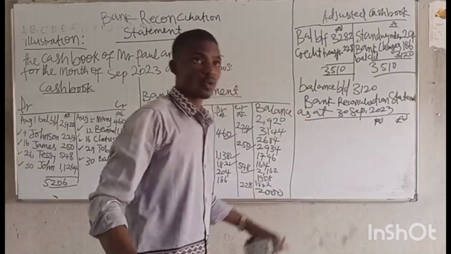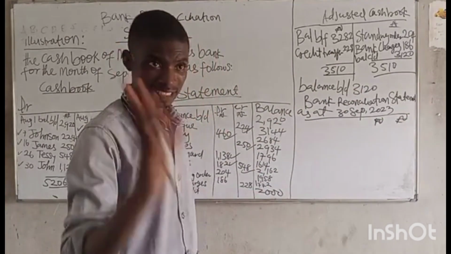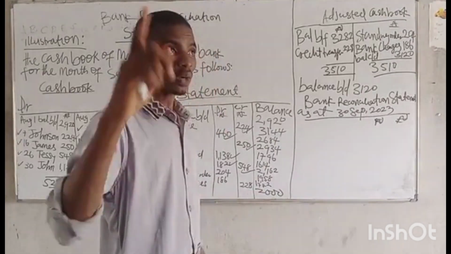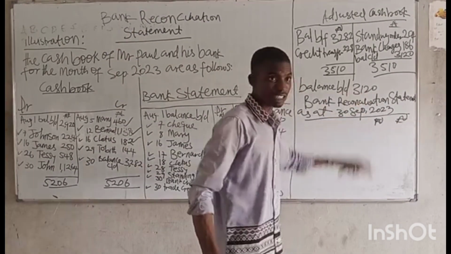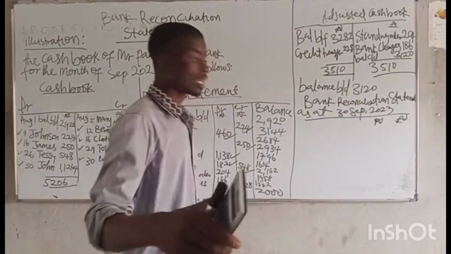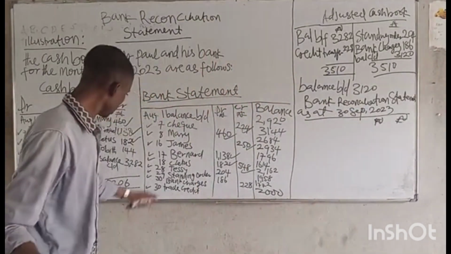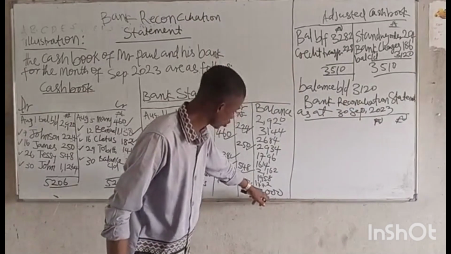First of all, we are at liberty either to start with balance as per adjusted cash book or to start with balance as per bank statement. This is the balance as per bank statement, this 2,000.